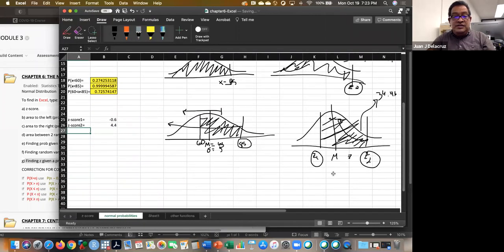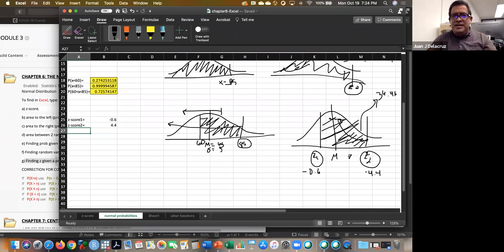C-score 1 is minus 0.6. That means that this number is located 0.6 standard deviations to the left. And this value is located 4.4 standard deviations to the right. So that basically is telling me that 85 might be a very unusual number, okay?